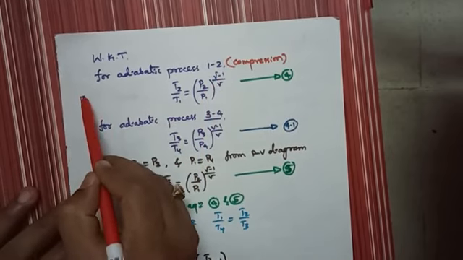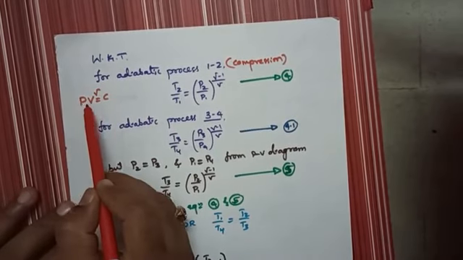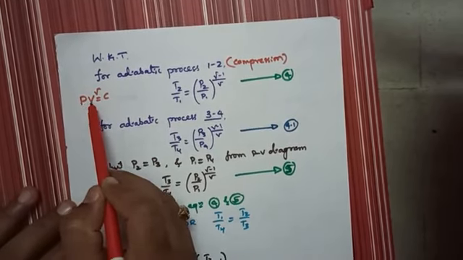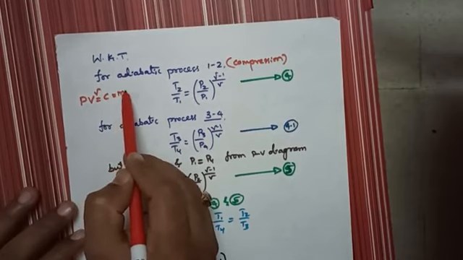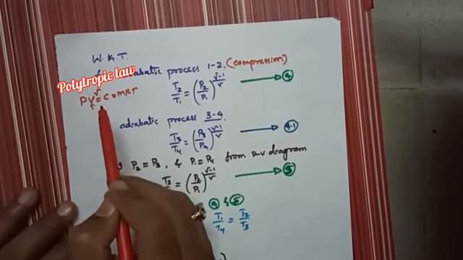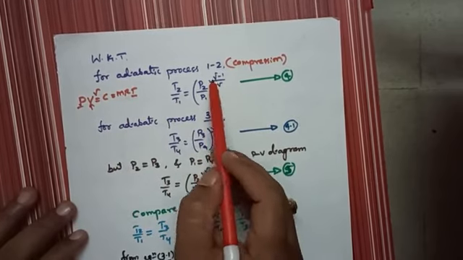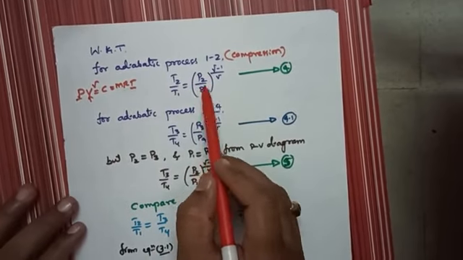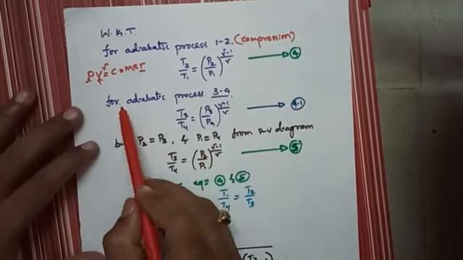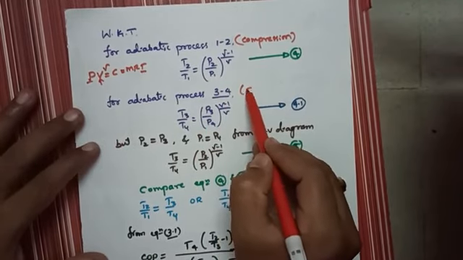Using the polytropic process, PV to the power of gamma is equal to constant, you get a relation between pressure and volume, and if you write the expression in terms of temperature, mRT, the volume gets cancelled, so pressure in terms of T. We have used this many times while solving problems on vapor power cycles and gas power cycles, air standard cycles. Similarly, you apply the same equation for the expansion process.